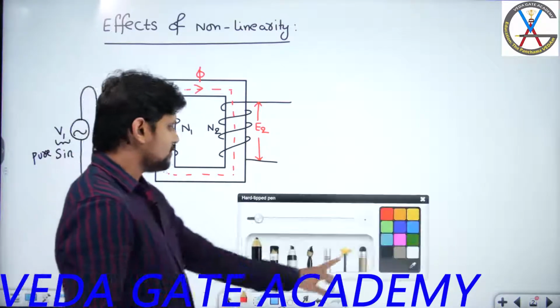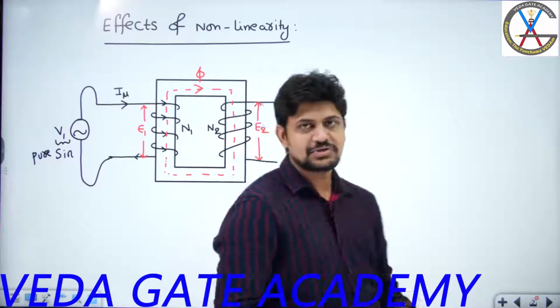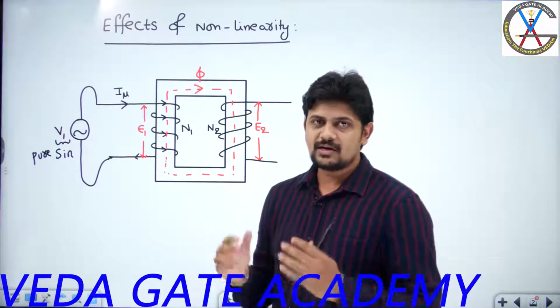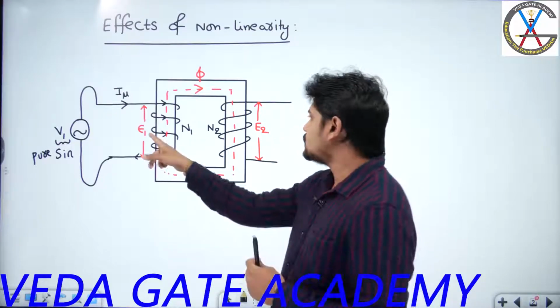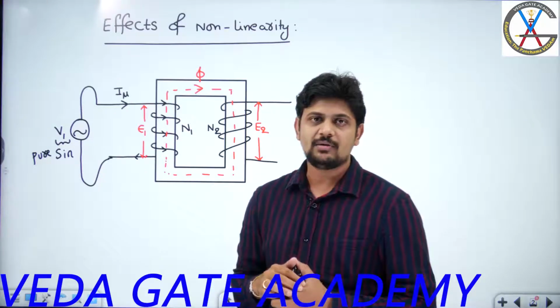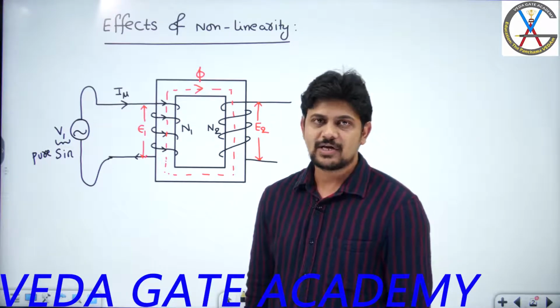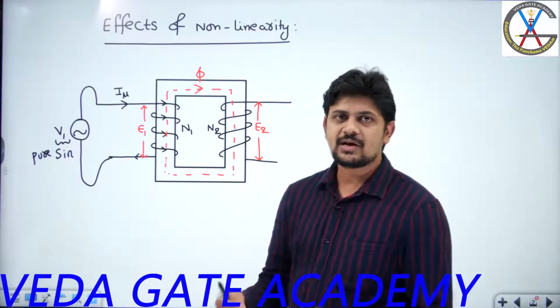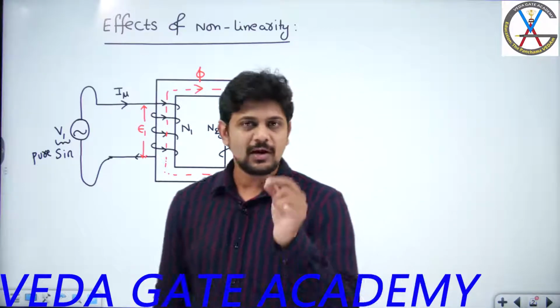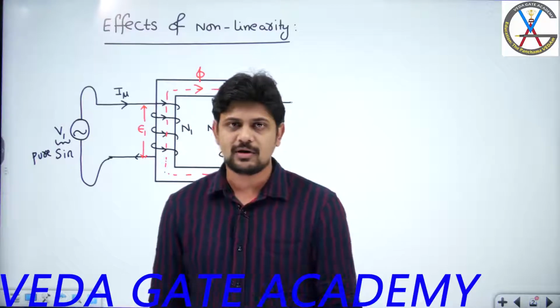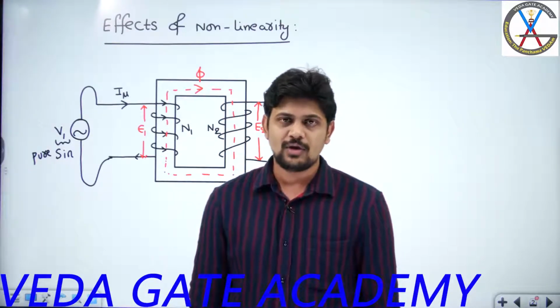Our major focus, while designing this transformer for power system networks, is that the induced EMF in the primary and secondary windings must be as pure sinusoidal as possible. In a reliable power system, one important factor that decides reliability is total harmonic distortion.